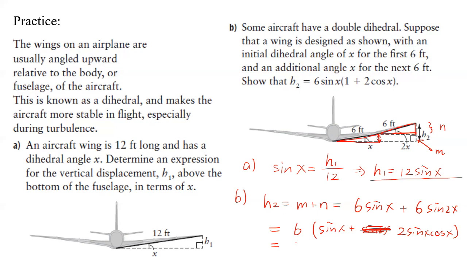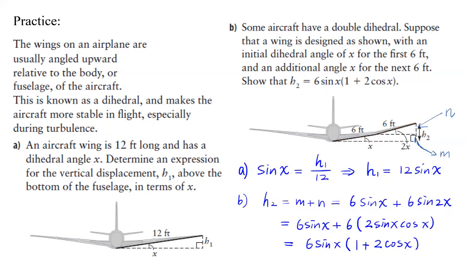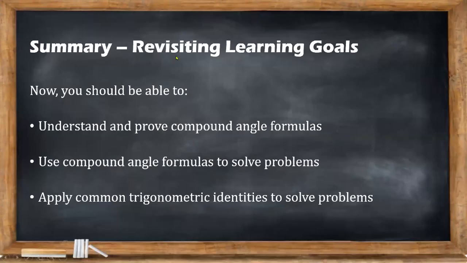And then we can put sine x in front, and it becomes 1 plus twice of cosine x, which is exactly the statement here, right? Okay, any questions? No?